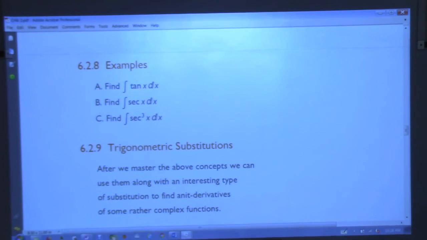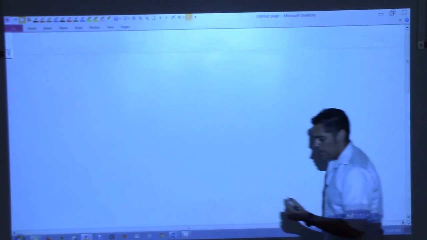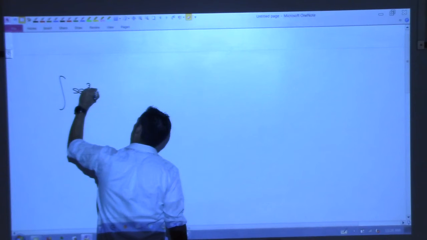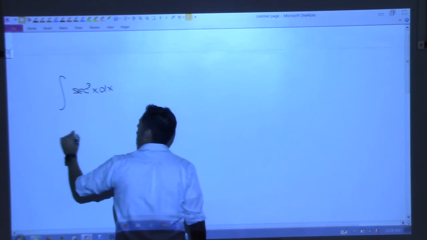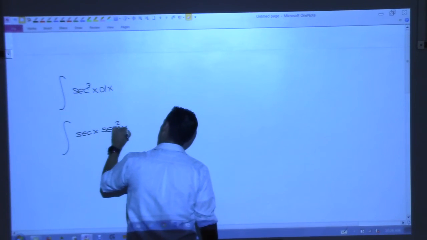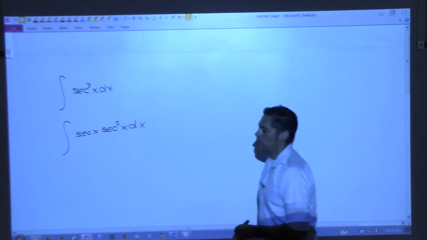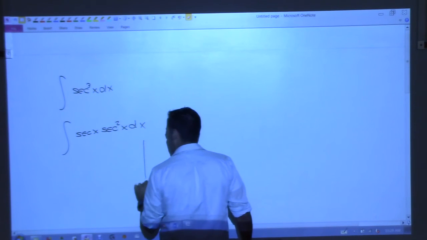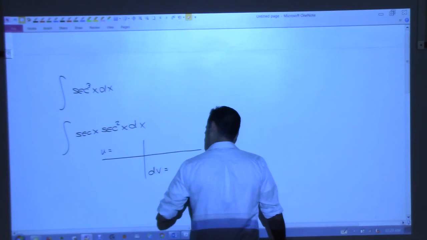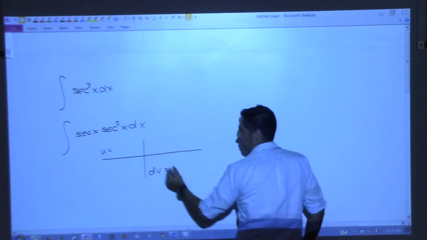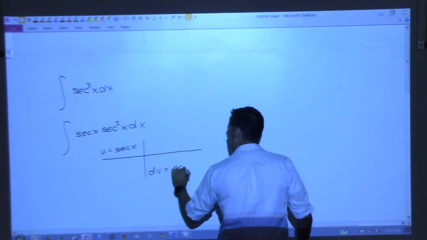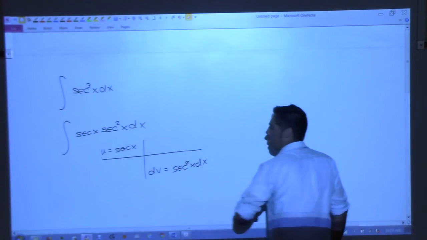Secant cubed x. This one's not so bad, because secant cubed can be done with integration by parts. You go secant x, secant squared x. What do you think you use for your u and dv here? Secant x here, because you can differentiate that, and secant squared x here, because you can integrate that, right?